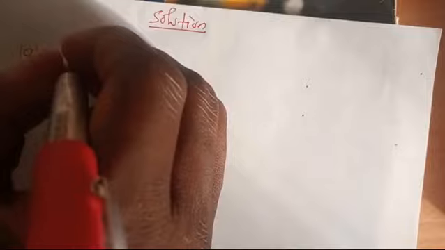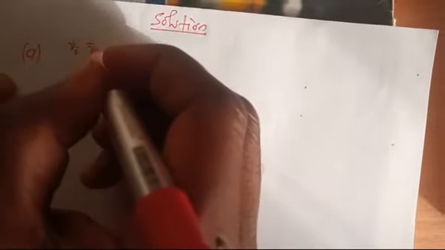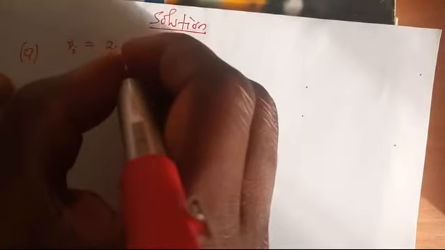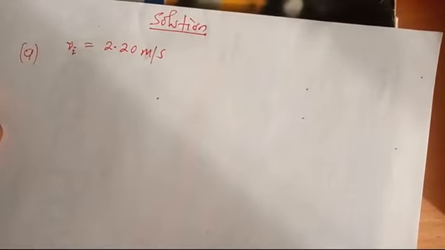We write a solution. Our initial velocity v sub i from the problem is 2.20 meters per second. This is our initial velocity.